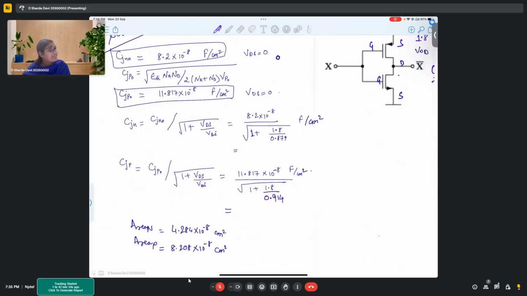These junction capacitances for N and P are 4.697 times 10 to the power minus 8, and 11.817 times 10 to the power minus 8.